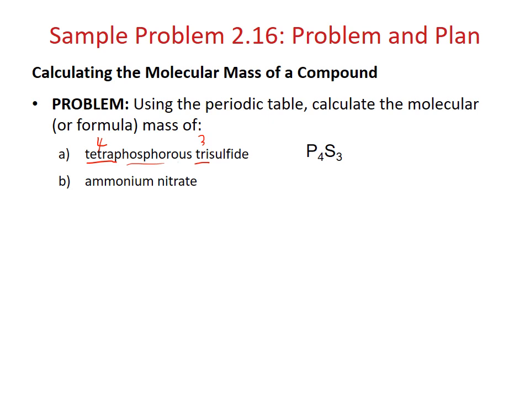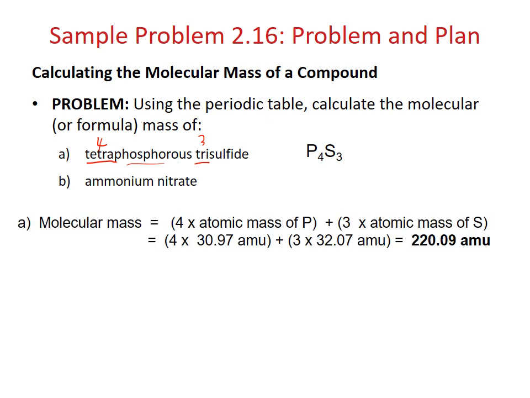So the molecular mass should be 4 times the atomic mass of phosphorus, 3 times the atomic mass of sulfur. From the periodic table, you can easily find these numbers and plug in, and the answer is 220.09 atomic mass units.